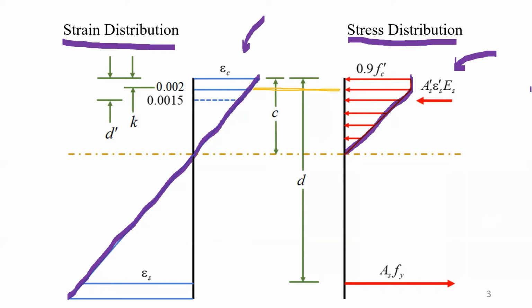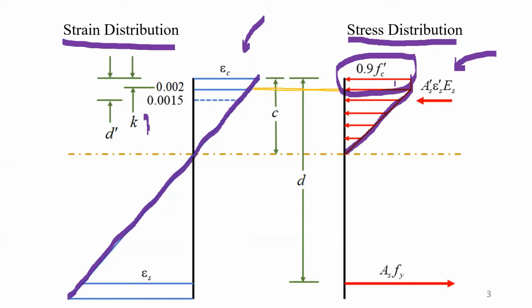The stress distribution consists of four parts. 1. When the concrete behaves perfectly plastic with unknown depth of K, and K is measured from the top fiber of the cross-section.